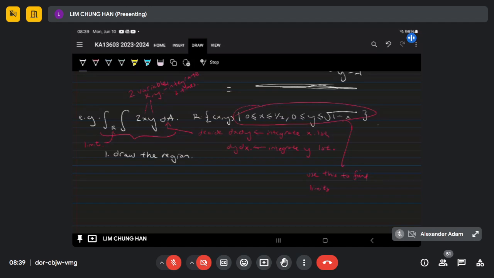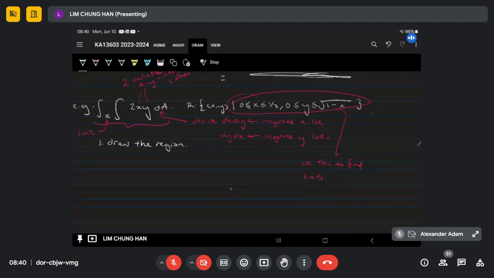Why don't we make the limit just like that? I integrate x first, and then I integrate y. I can just look at the region and copy it down and I know what the limit is, right?